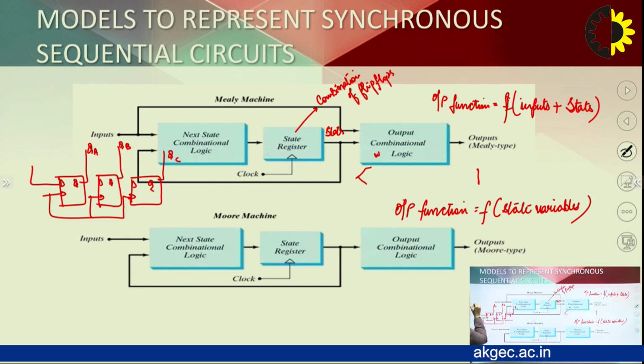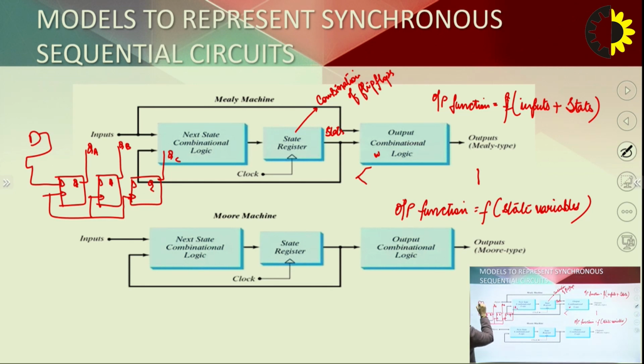Their inputs are applied with the help of some gate logic, right? So when these outputs are collectively read, this is known as one state. Whenever your next clock pulse is applied, this state will be changed and your final output will be changed. Similarly, we can collect the outputs in any way, right?